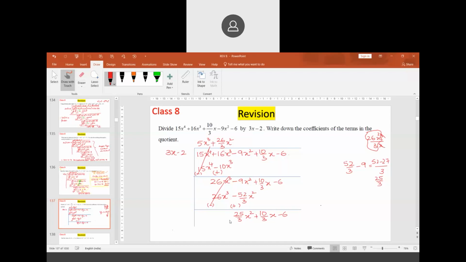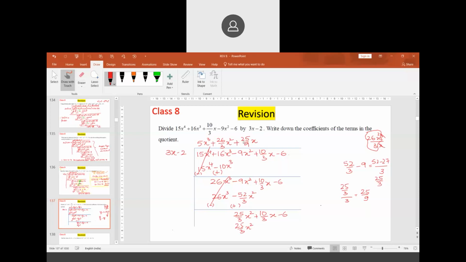Now we have the coefficient of x square as 25 by 3, and the coefficient of x in the divisor as 3. So 25 by 3 divided by 3, we get 25 by 9. So positive 25 by 9x is to be multiplied. We get 25 by 3 x square.